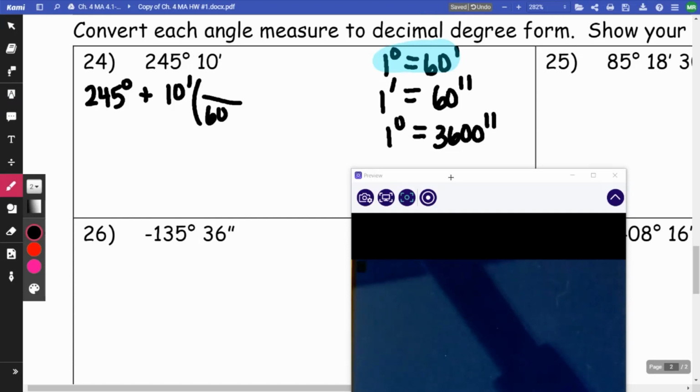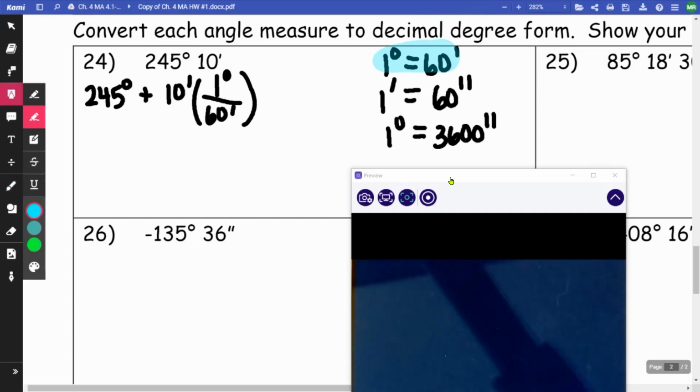So I'm going to put my 60 minutes on the bottom and my 1 degree on top. The reason is that from Integrated 1, we saw that when we are trying to convert, you can make big ones. 1 degree and 60 minutes really is equivalent, so it's like a fancy 1. But you want to have the 60 minutes on the bottom so that the units of minutes cancel out and you're left with degrees.